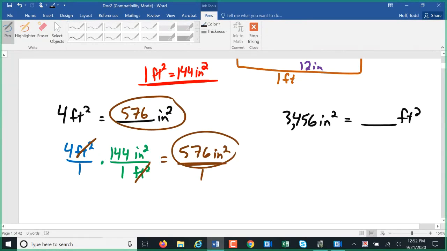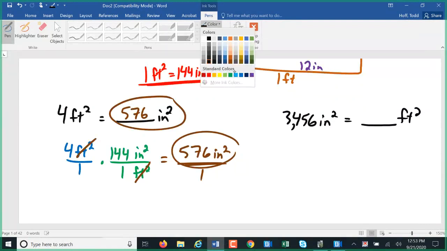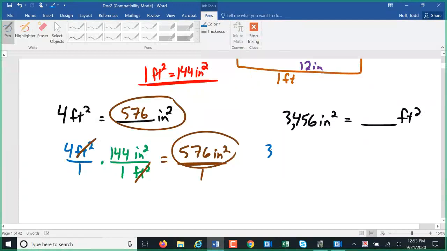If I take 3,456 square inches and I want to convert it back into square feet, 3,456 square inches sounds like a lot of surface, because we're more used to seeing things in square feet in the construction fields. That number just sounds huge to us. Well, let's do that conversion. 3,456.